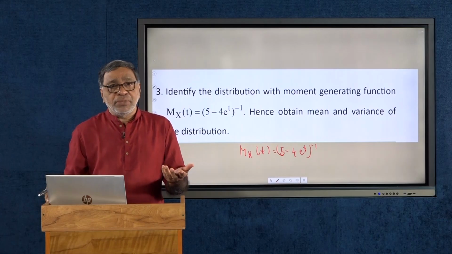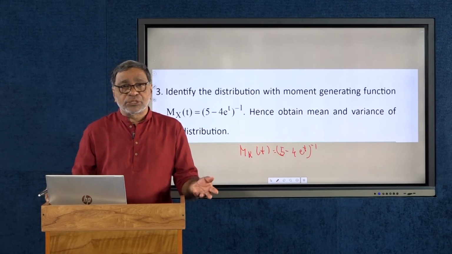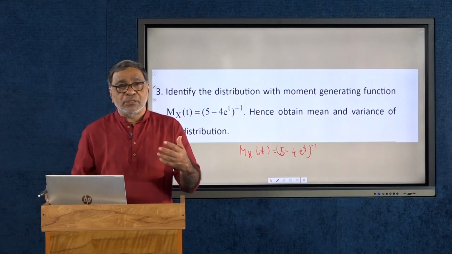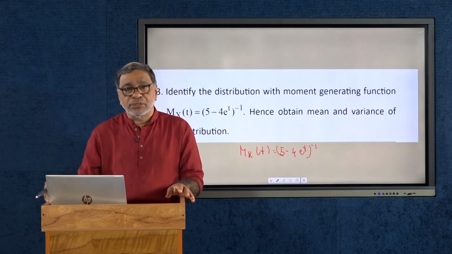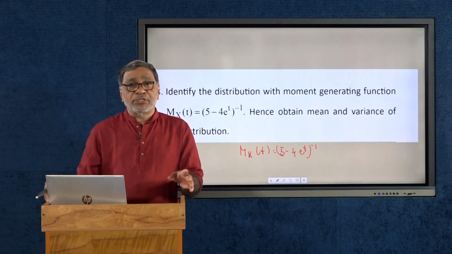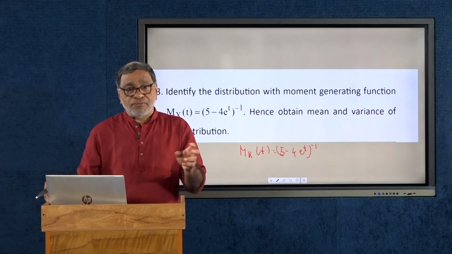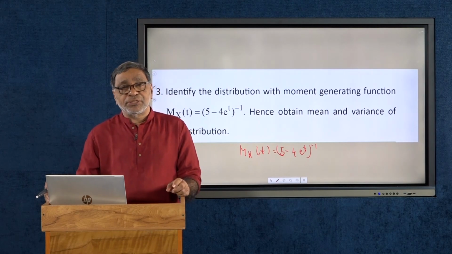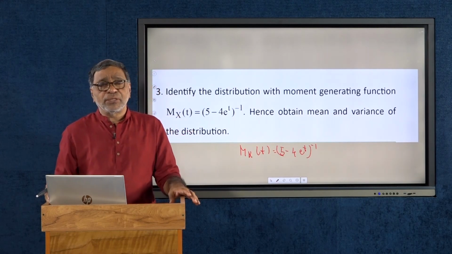We can find the mean and variance using this moment generating function by the usual technique, that is either differentiating the moment generating function and putting t equal to 0, you will get the raw moments. The first derivative gives the first raw moment, the second derivative gives the second raw moment, and hence you can find the mean and variance.